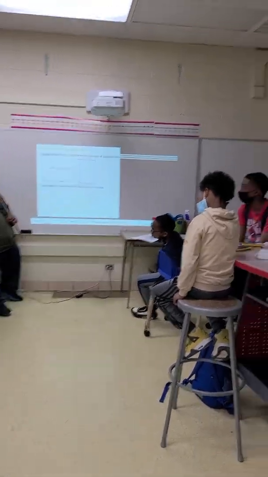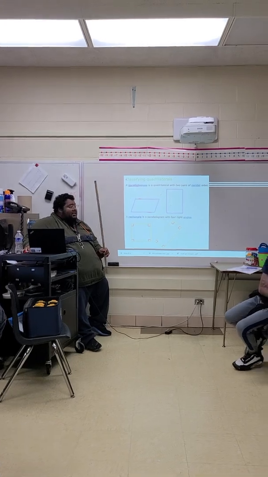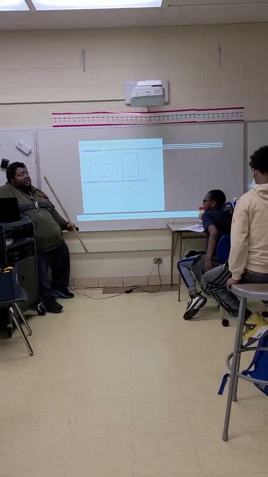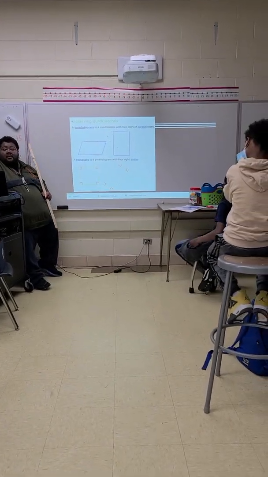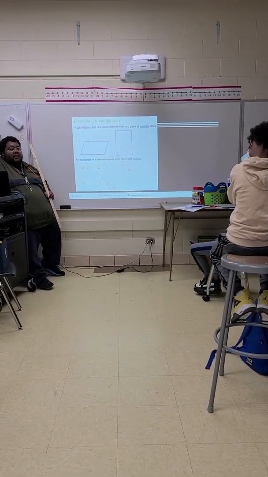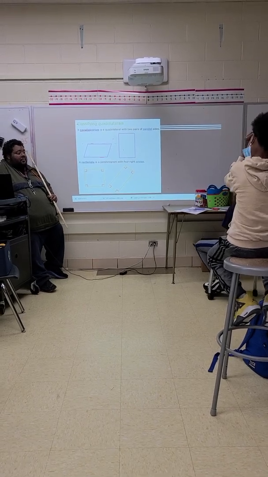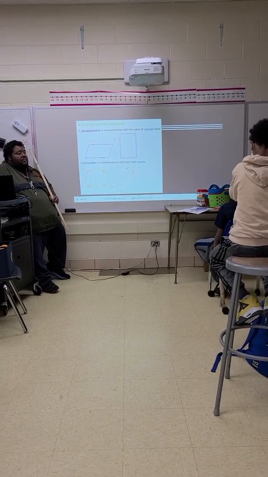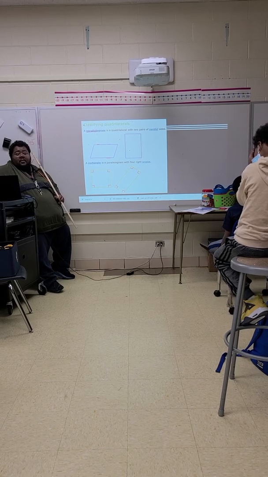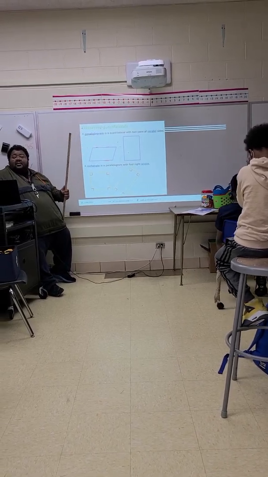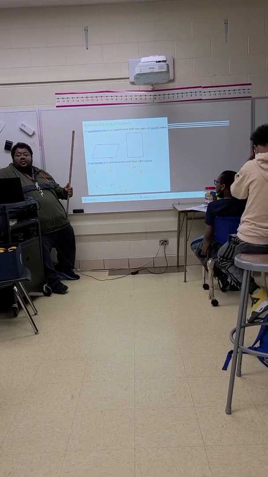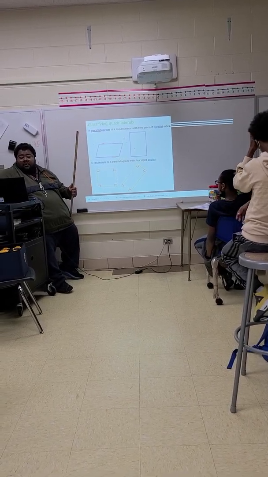That's a nice way to look at it. They have a lot of things in common, right? They both have right angles. Alright, take another 10 seconds and move forward.